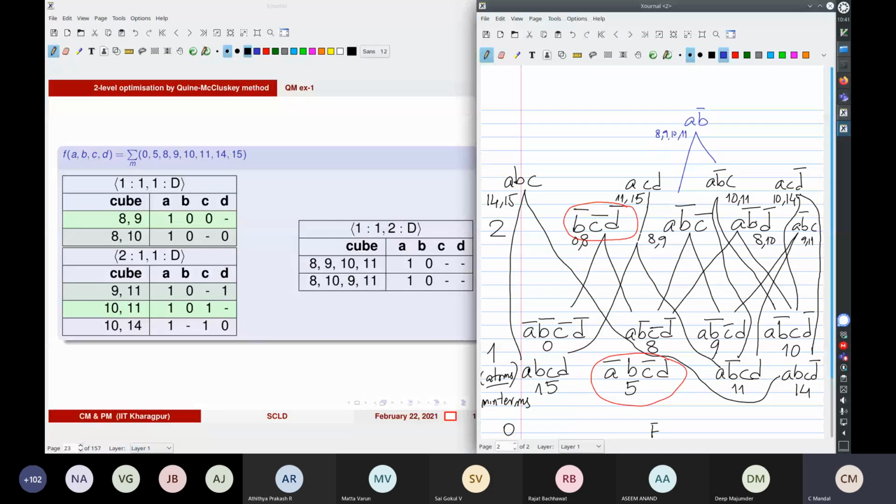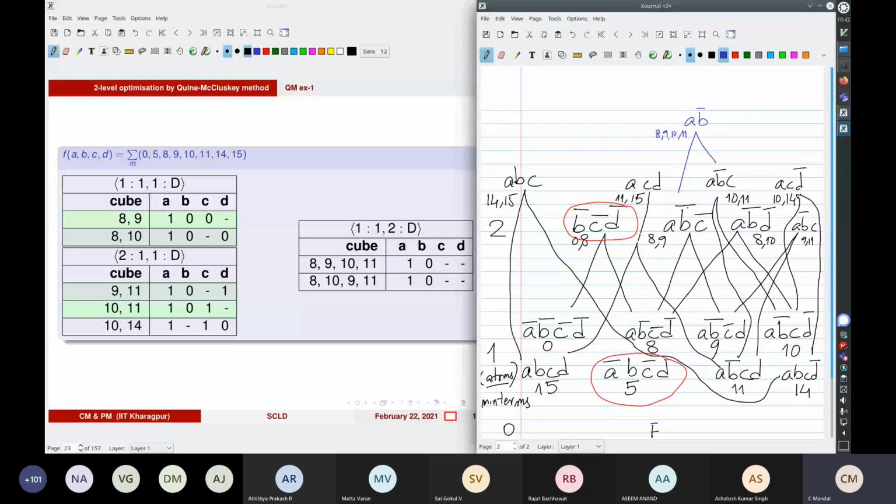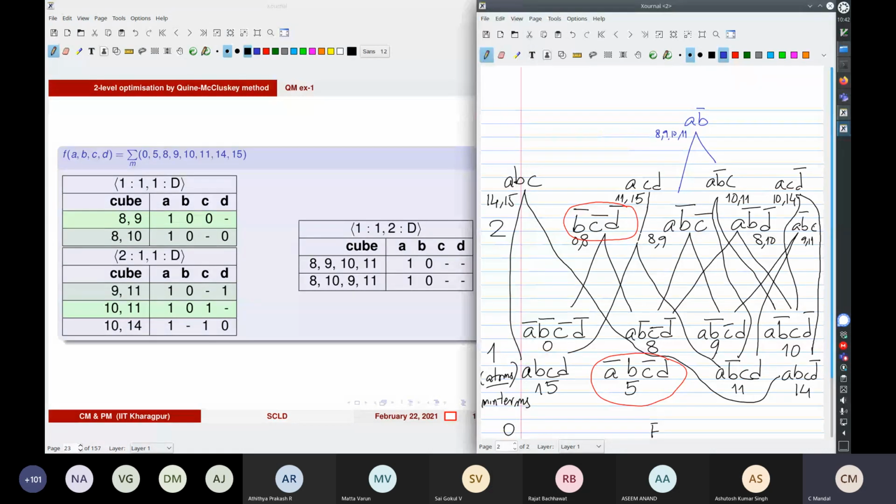Can you combine 8, 10, 9, 11? Let us see. 9, 11 should be A, B bar, D. You have written A, B bar, C. Oh yeah, 9, 11, yes, A, B bar, D. Okay, I made a mistake here.